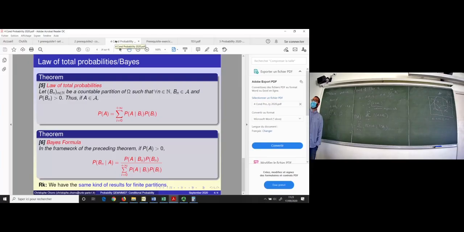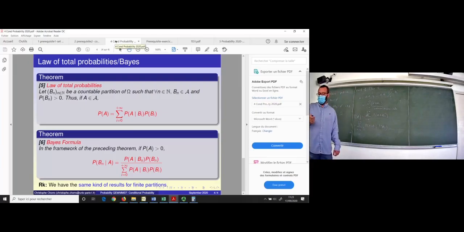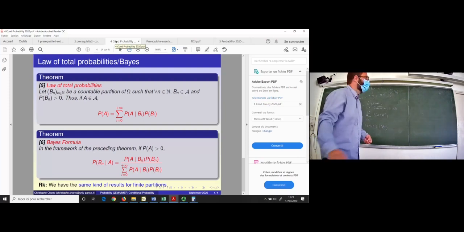Questions? If not, let me give you an example. That is a typical example where you have to use this kind of formula. But of course, if you want to use the law of total probability, you need to have a partition somewhere, for sure. So I can say the following.